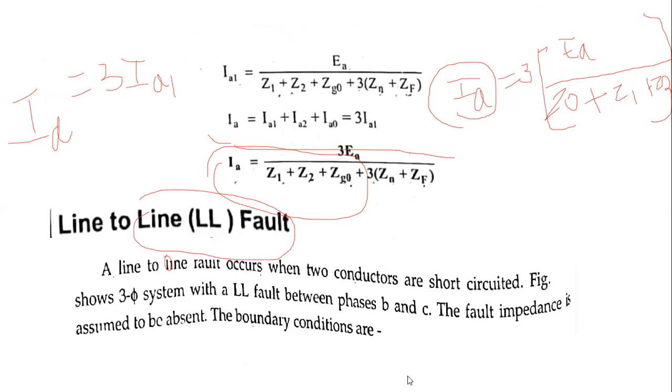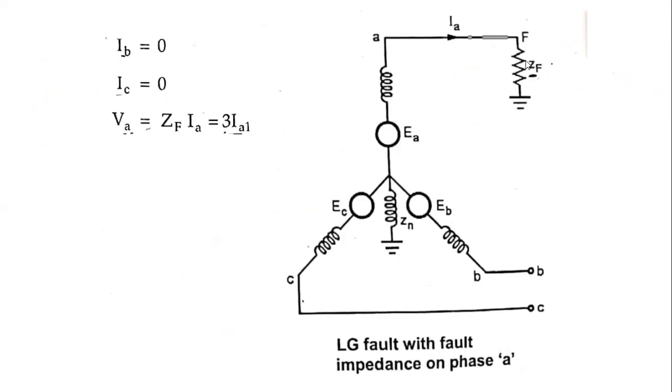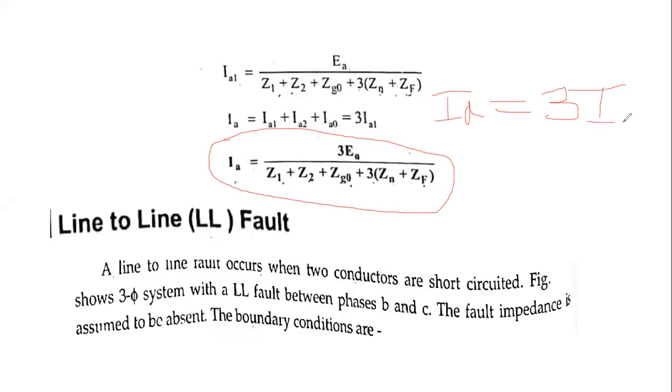Similarly, when an impedance is connected between the phase and the ground, the fault current formula is IA is equal to 3 into IA1.